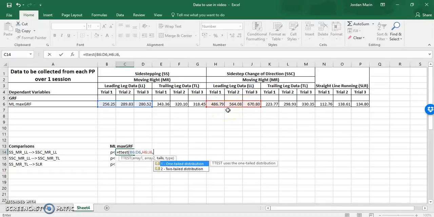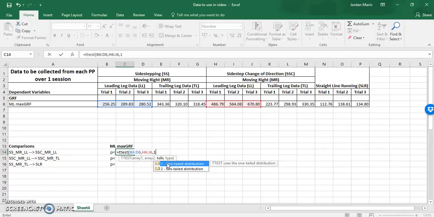So we can already see that if we do find a statistical significance, the data for sidestepping change is going to be higher than the data for sidestepping. So we don't have to say that we don't know which way the difference will go. We do know which way the difference will go, so it's a one-tailed distribution.